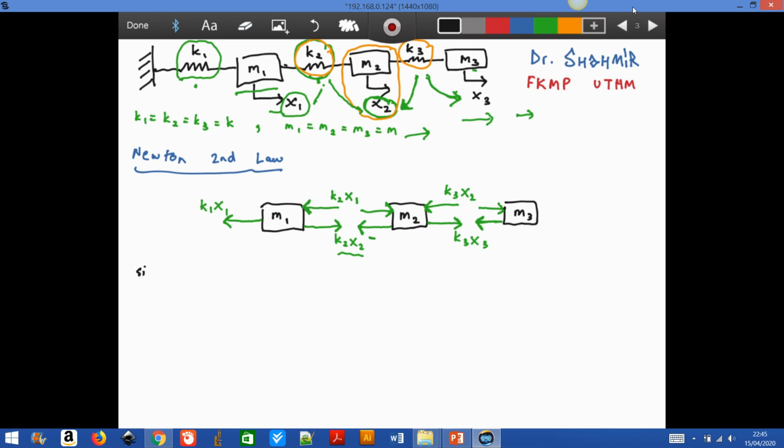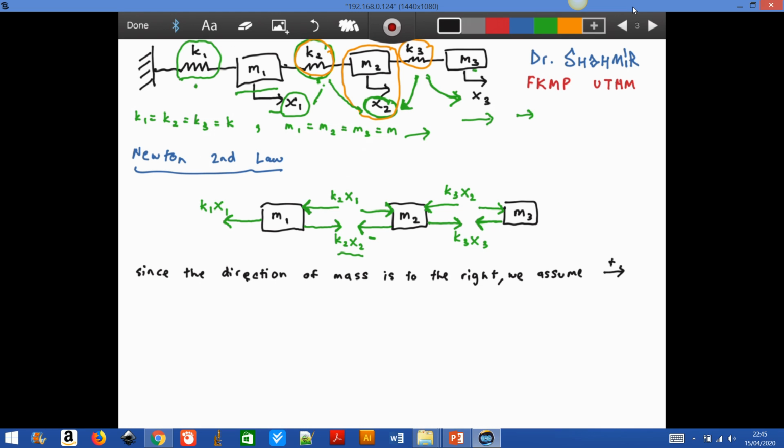So since the direction of the mass is to the right hand side, we assume going right hand side is positive.